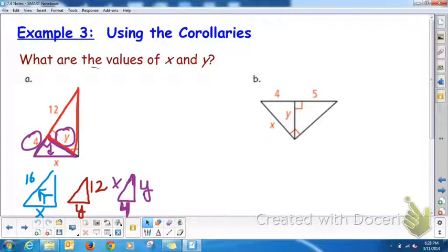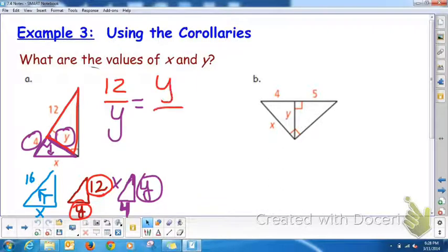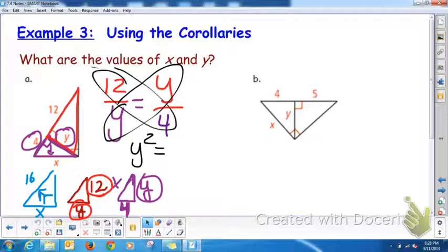So 12, which is the long leg of the red, over y, which is the long leg of the purple, is equal to the short leg of the red, which is y, over the short leg of the purple, which is 4. Again, using the cross product property, I'm going to find the geometric mean, because y times y is y squared. So when I cross multiply, y times y is y squared is equal to 12 times 4.